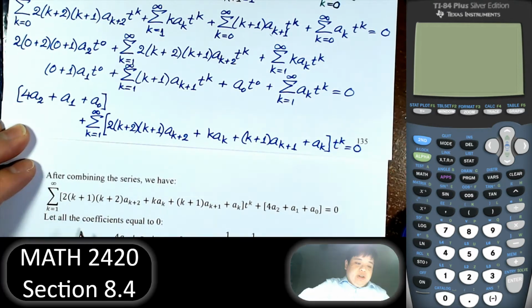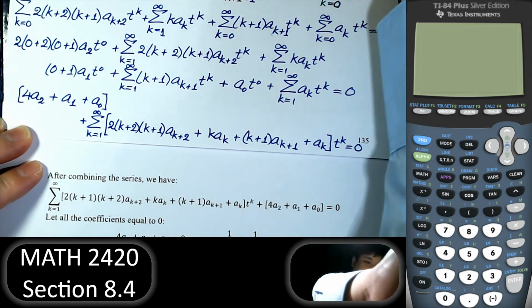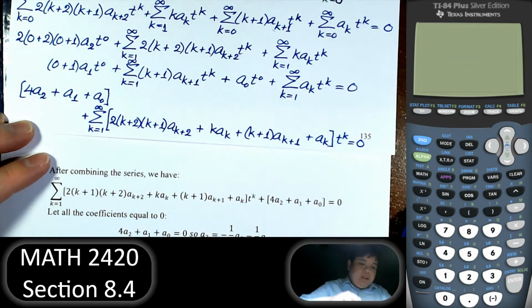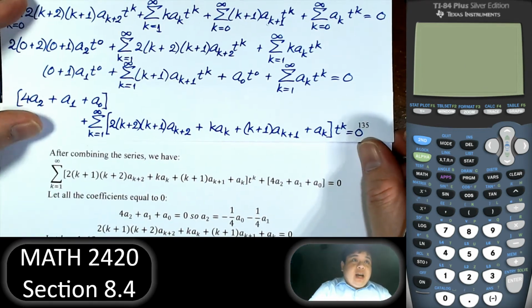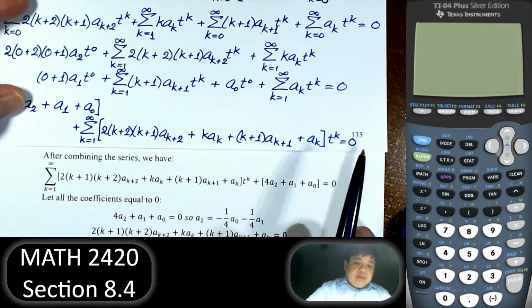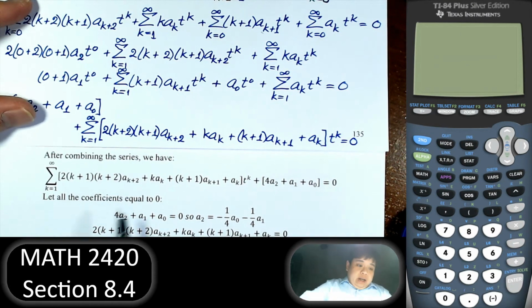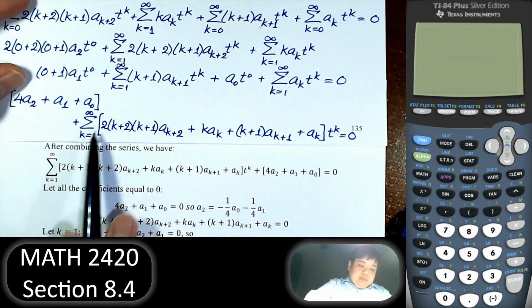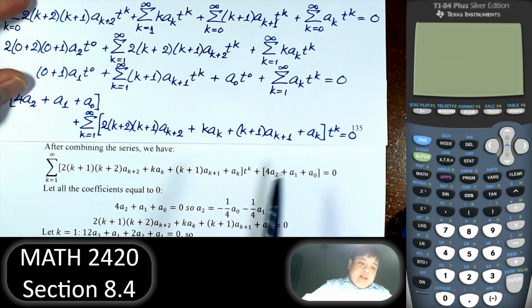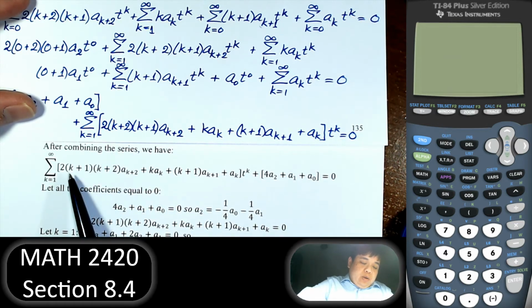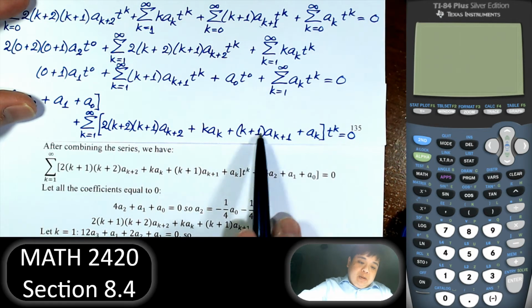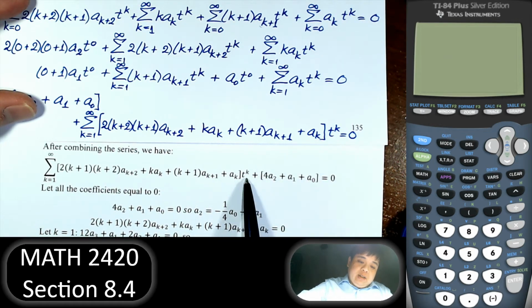So we continue the note from there. Right, what we have after that is, since the right hand side is 0, by the way, this is exactly what we have here. Let's check. 2 times (k plus 1)(k plus 2) a sub k plus 2, k a sub k, (k plus 1) a sub k plus 1, a sub k, times t to the k.